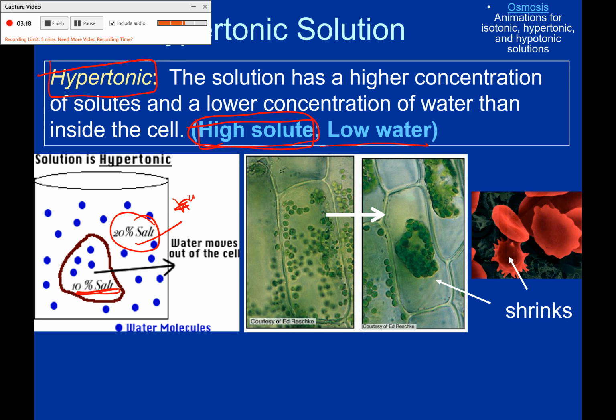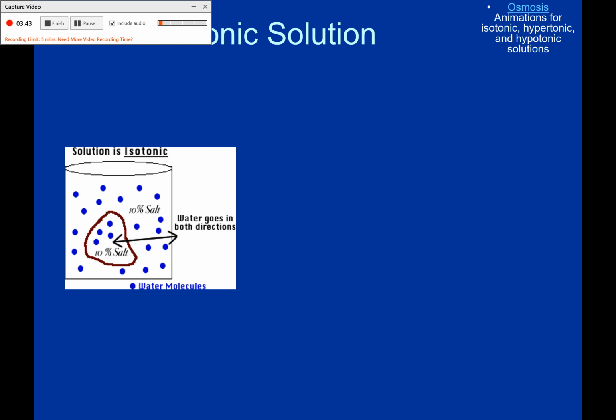So if you have a low concentration of salt, that means you're going to have a really high concentration of water here and a low concentration of water here. So remember, water always moves from high to low, right? So water is going to move from high to low, so your cell is actually going to shrink and lose water that way.